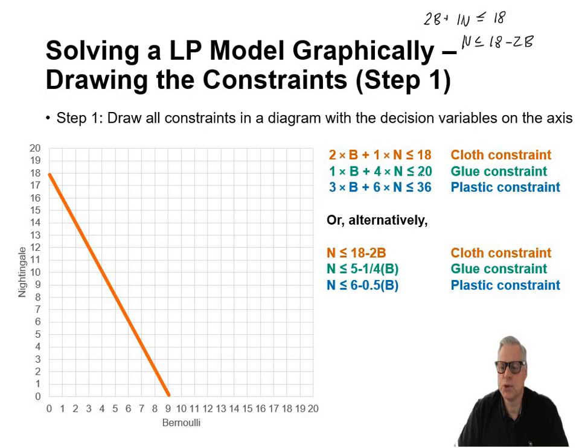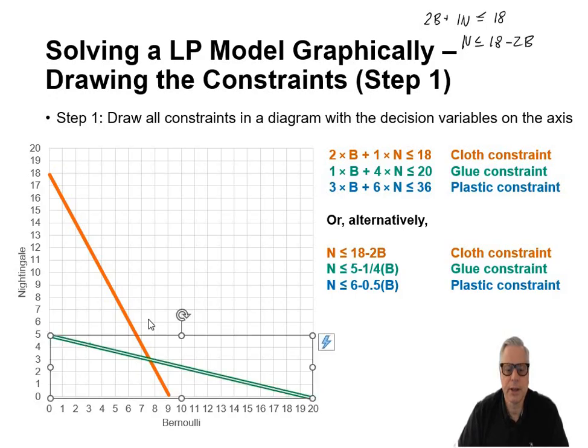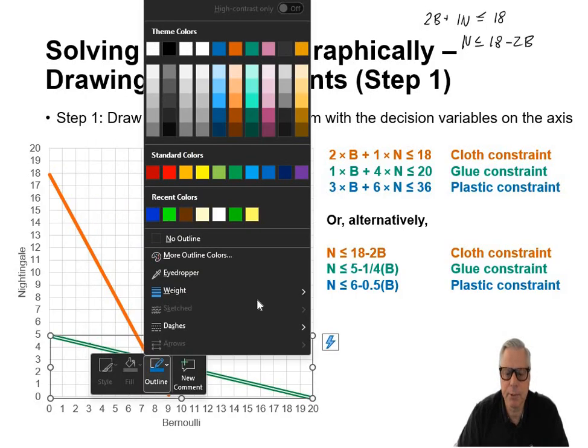And if I use all my glue just to produce Bernoullis, then I could produce 20. So this goes from 5 to 20. The glue constraint starts at 5 and goes till 20. So that would be here the glue constraint. And again, let's also make that a little bit bigger.